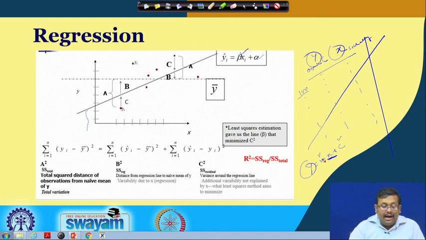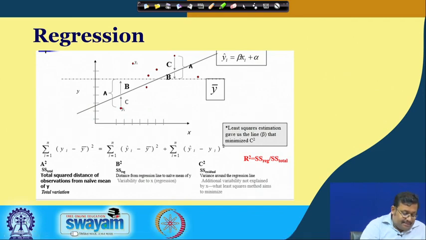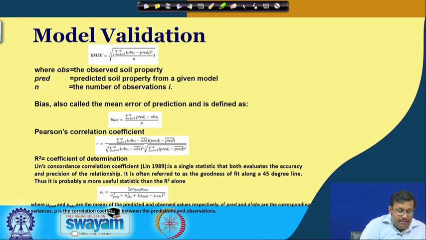So, guys, this is the overview of regression, and why are we discussing this? Let us see. Once we create a model for predicting a particular soil property, why do we create a model?